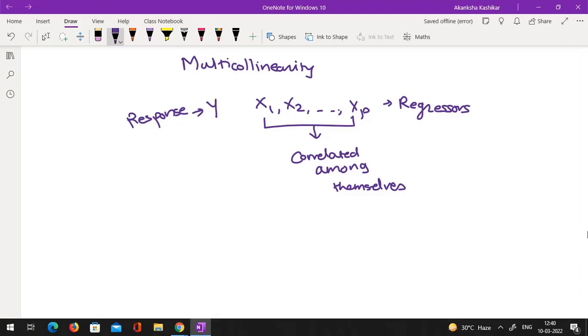Why? You have studied multiple regression, right? Did you derive the formula for variance of beta hat in multiple regression? What is the formula? Does anyone remember? Or you can check your notes, I don't mind. What is the formula for variance of beta hat?